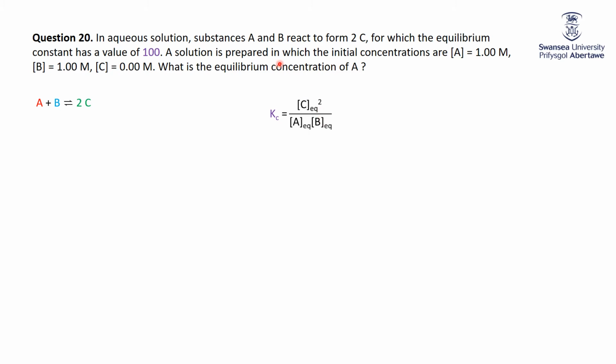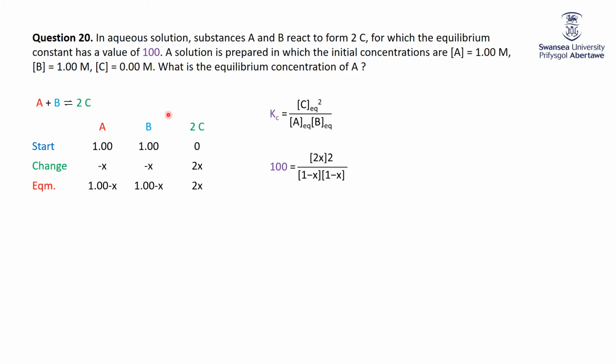We're told the initial concentrations are 1, 1, 0, so we know the starting concentrations, and we're asked for the equilibrium A. So again, set up our SCA chart, make sure you see where everything comes from. 1 each of A and B, none of C at the start, 1, 1, 2 in the stoichiometry, so therefore minus x, minus x, and 2x. Plug it in, 1 minus x, 2x. Pop everything in, we know K is 100, we got 2x all squared over the top, 1 minus x times 1 minus x on the bottom.